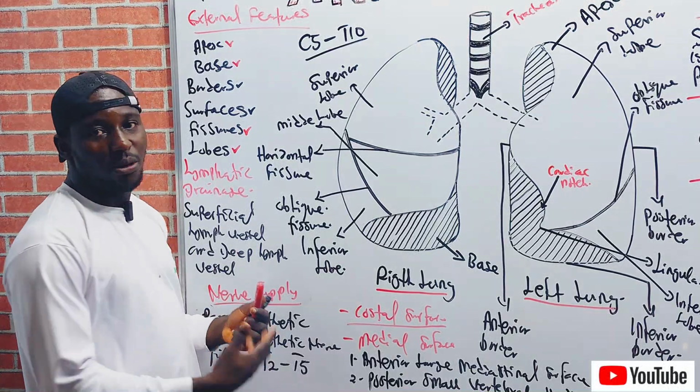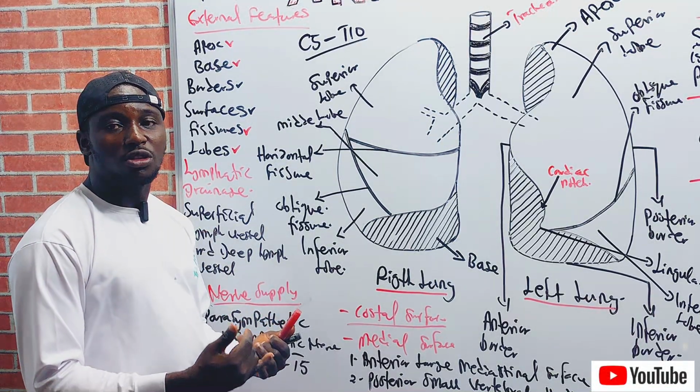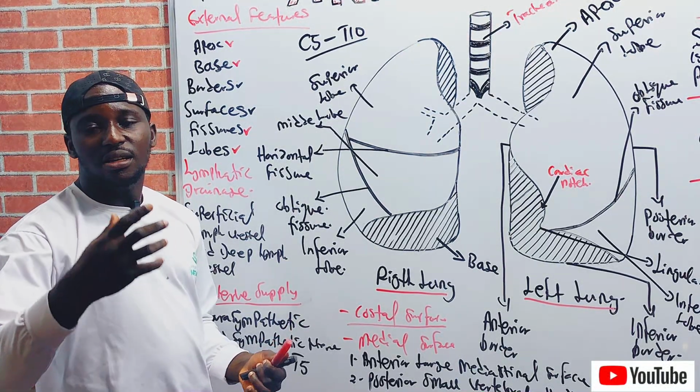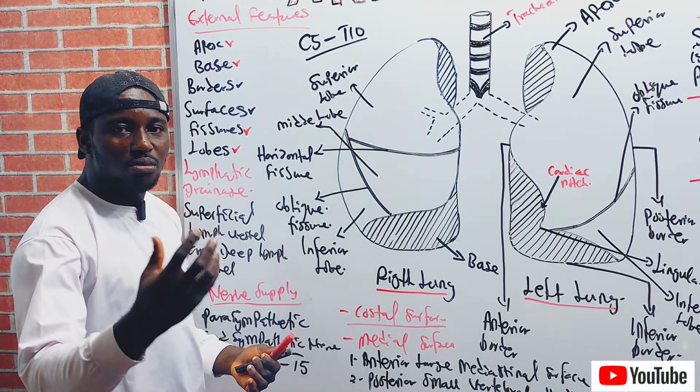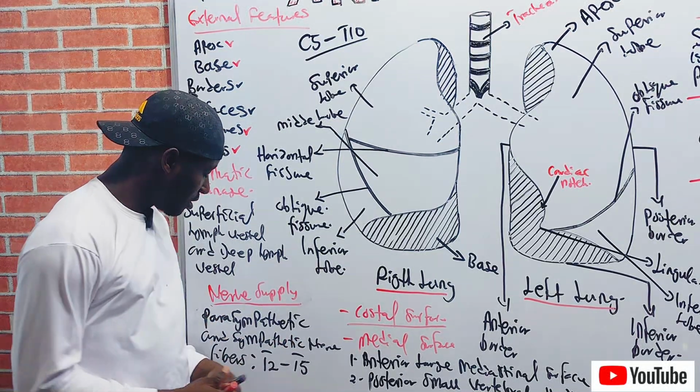So that is their work. First is a motor supply to those smooth muscles. Second is the what? A secretomotor supply to the mucous gland in the bronchi. That is how it works.